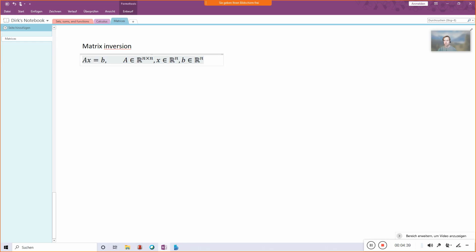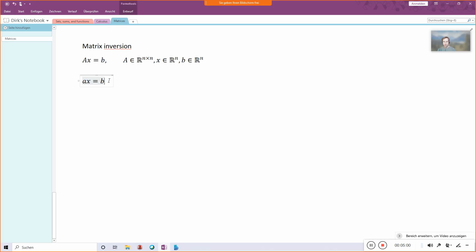We have these expressions, and would like to know the value of x while we know the value of A and b. And of course, this kind of setting is fairly familiar if you think of high school algebra, where you dealt with algebraic equations of this form.